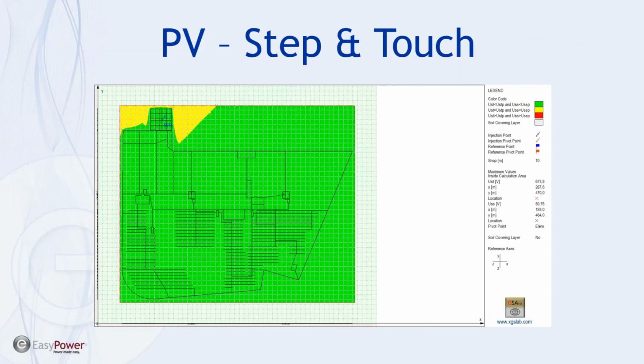If you get to this point and you've still got some yellow areas where you want to mitigate touch potentials, you might consider adding ground loops or increasing the area of the grid, trying to get the grid to a lower resistance. There are a lot of different solutions you could apply, but this represents the end iteration of a design. You might not get to this point as quickly. It might require some engineering opportunities.